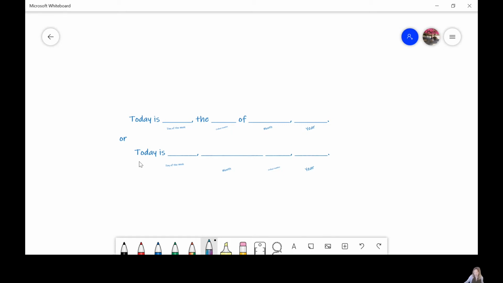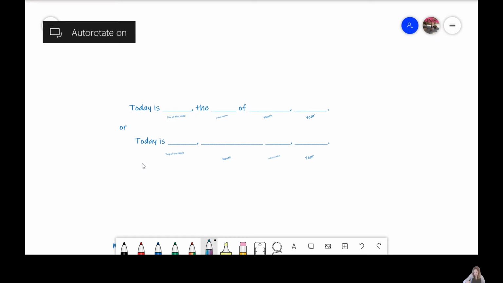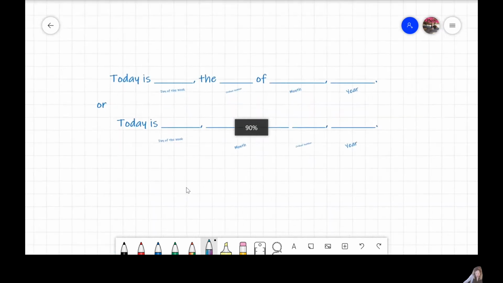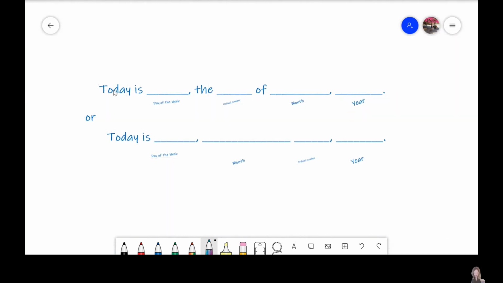Okay, now we are going to talk about how to say or write today's date. In English, we have two sentences here where you can say commonly what date it is. For example, you can say: today is, blank, the blank of blank, blank. The spaces stand for something you fill in.